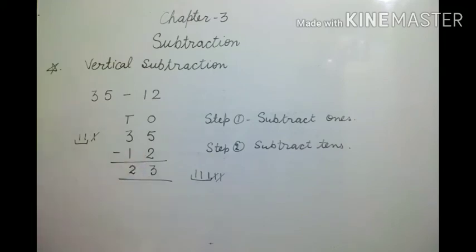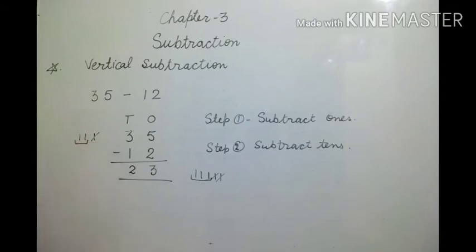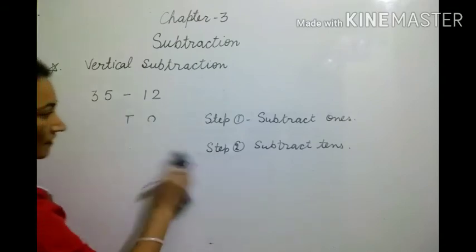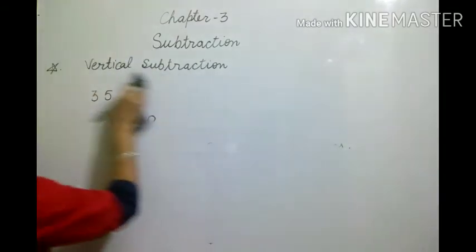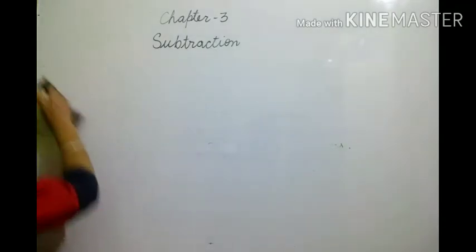That we will do in second class. First we write the largest number in subtraction up above and the smaller number below. Always we will keep in mind. So what is the rule for subtracting? That I am telling you.